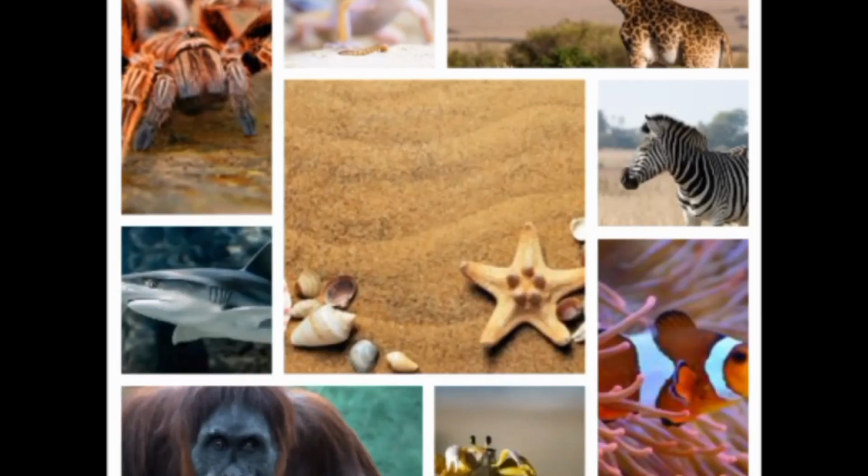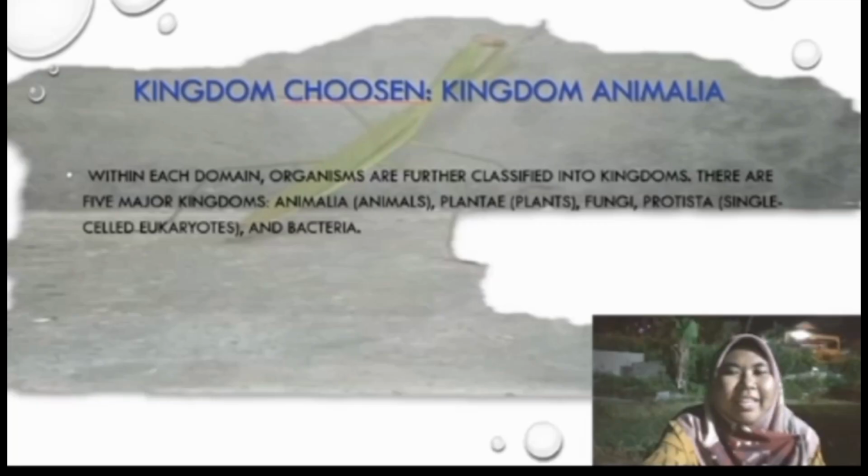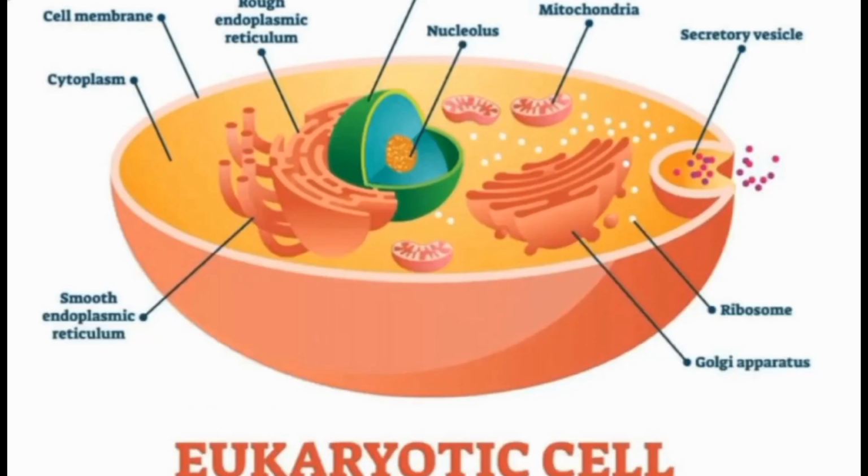The photo shows an example of Kingdom Animalia. Kingdom Animalia includes all animal species. All members of this kingdom are multicellular and have eukaryotic cells. The nucleus is the most important organelle in eukaryotic cells.